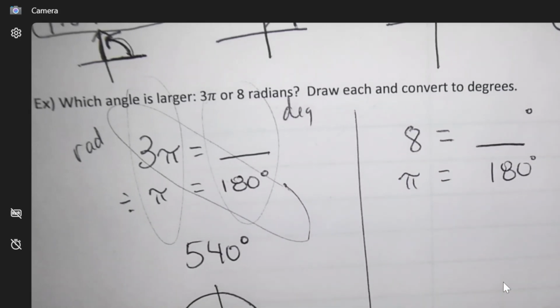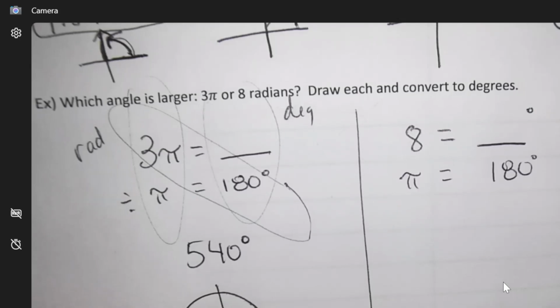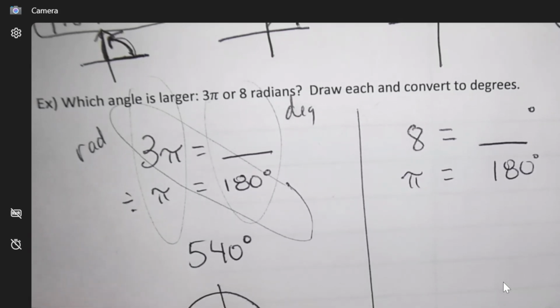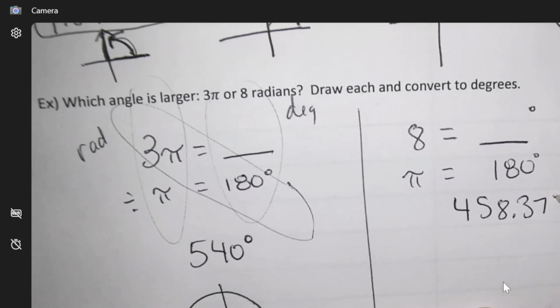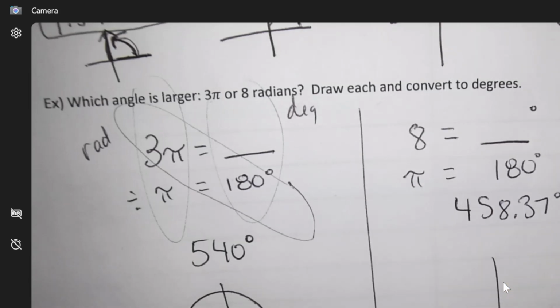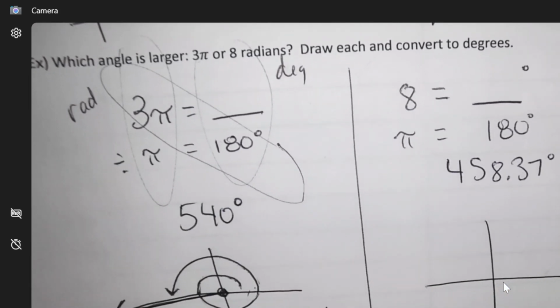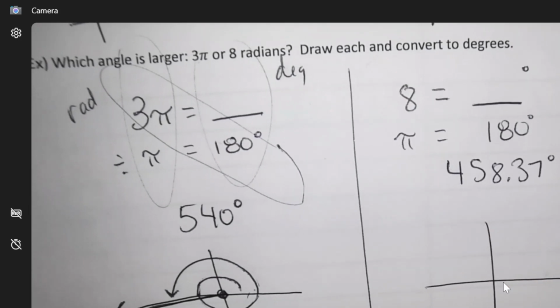The pi with the radian side. Okay, so there's my angle.